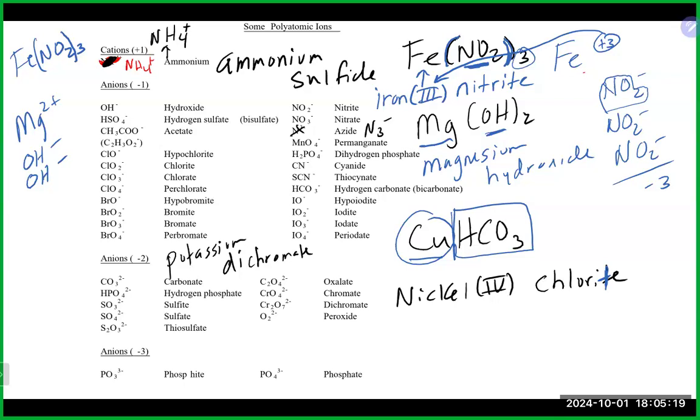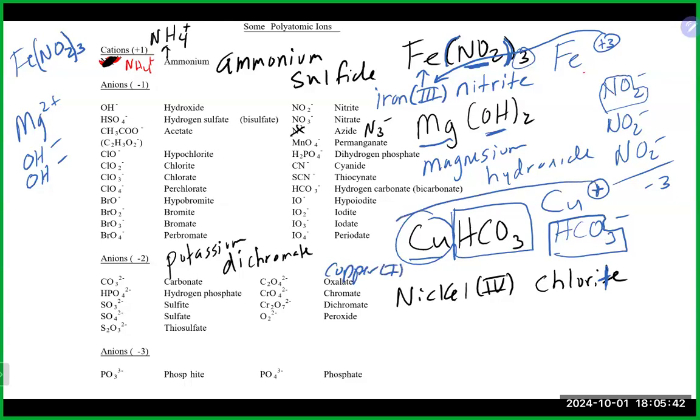So once again, here we will need a Roman numeral. Here we have 1 copper, and bicarbonate is this formula here with a -1 charge. That means to balance it out, our copper will be carrying a +1 charge, and this would be copper Roman numeral 1 for the charge there.